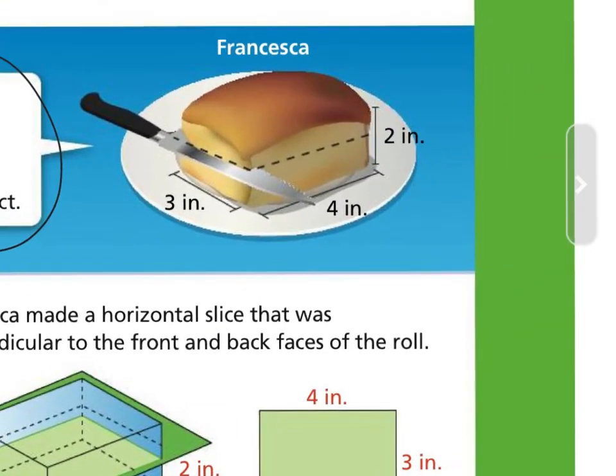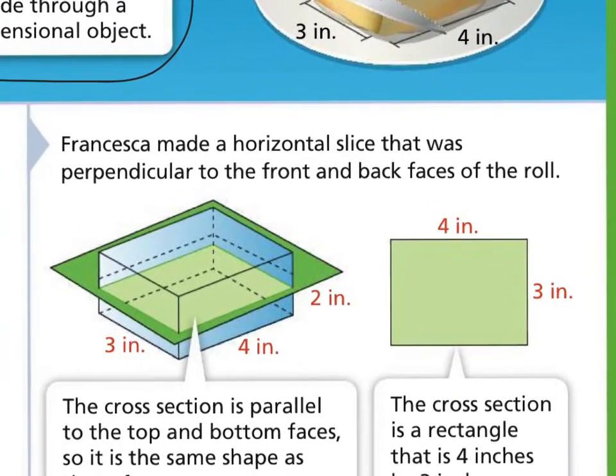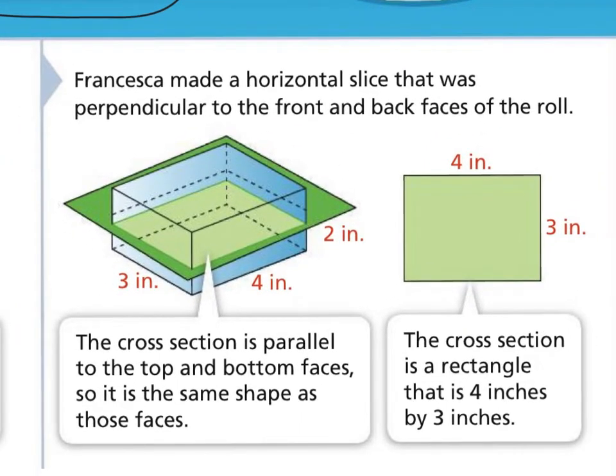Francesca cut horizontally, and again, if we imagine that, it would also be a rectangle, which is 4 inches by 3 inches. Now obviously, a loaf of bread is probably not exactly a rectangular prism, so these are probably not going to be perfect rectangles, but it'll be pretty close.